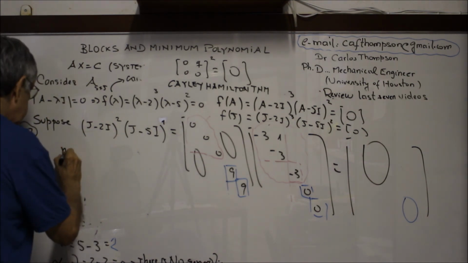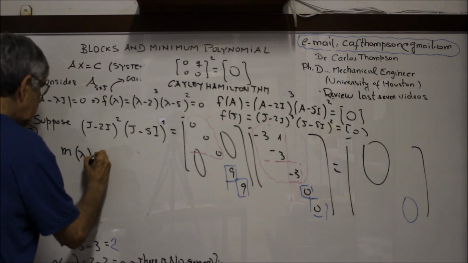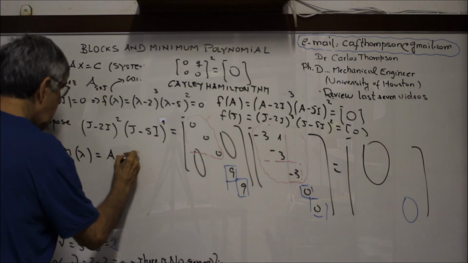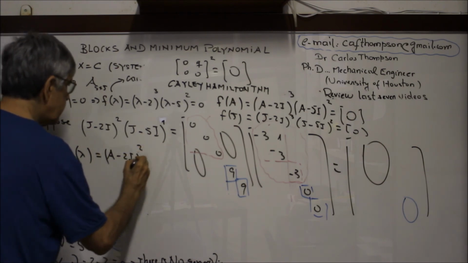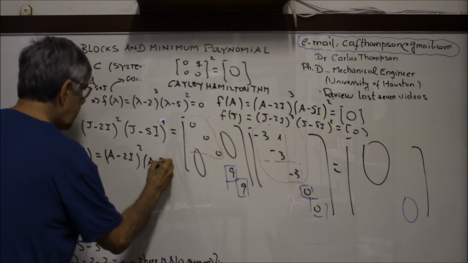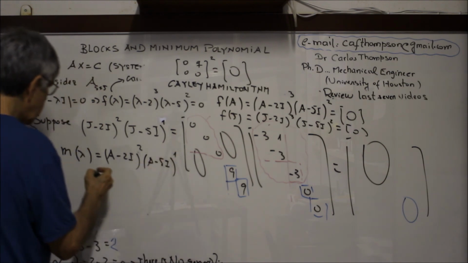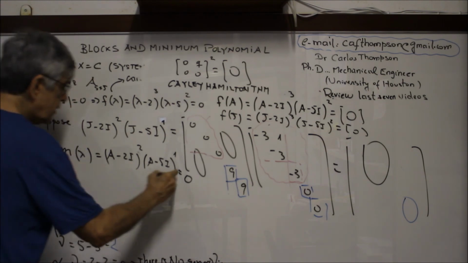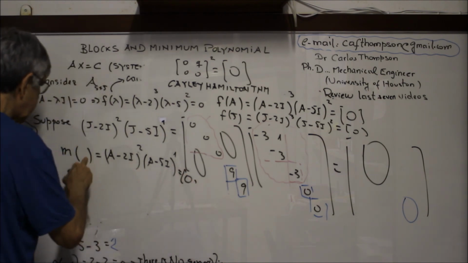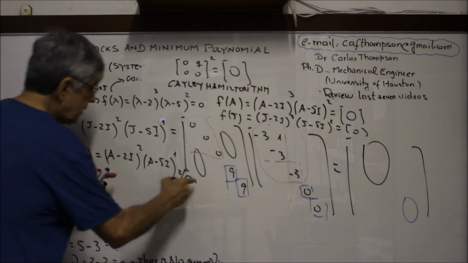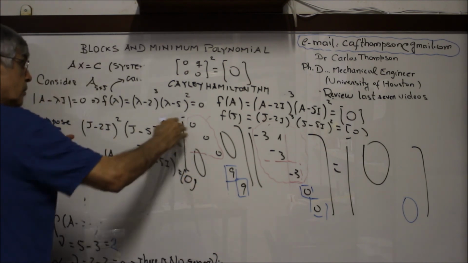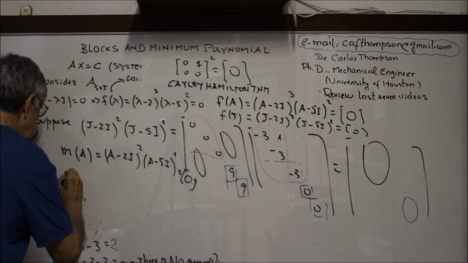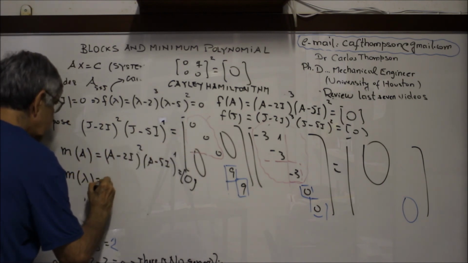I have m of a is equal to a minus 2i squared times a minus 5i to the power 1 is equal to 0. I'm sorry, I just put a here. This is the 0 matrix. We found out.